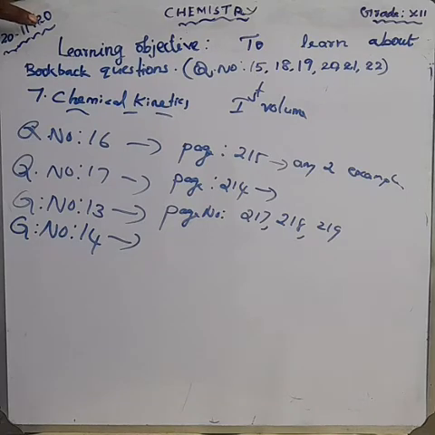And on the next side, the top of that page: where A is the frequency factor, R is the gas constant, E is the activation energy of the reaction, and T is the absolute temperature in Kelvin. That much is enough. That's one of the 2-mark questions. Page number 220.